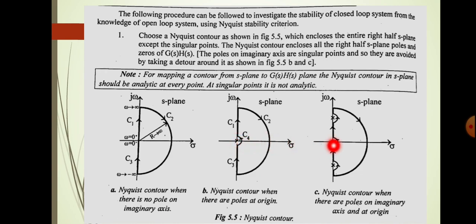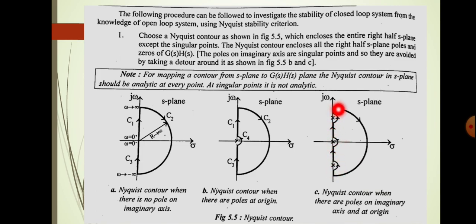Similarly, if we have different poles on the imaginary axis like this, marked as crosses, one pole is there, one pole is there, one pole is there. That means there are 3 poles on the imaginary axis, and you should avoid taking those poles. So the contour will look like this. This cross is avoided, here also this cross is avoided, and here also.